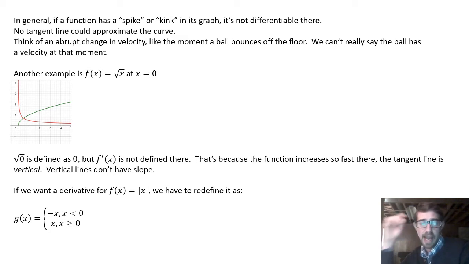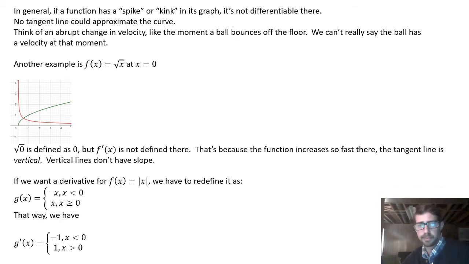So now when we compute the derivative, we just ignore 0 because we know it's not differentiable there. But everywhere else, the derivative of negative x is -1, and the derivative of x is 1. So it's almost like we define it as a piecewise defined function, and then we differentiate it in pieces.